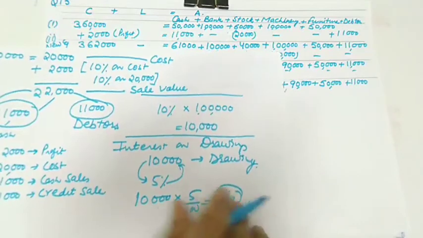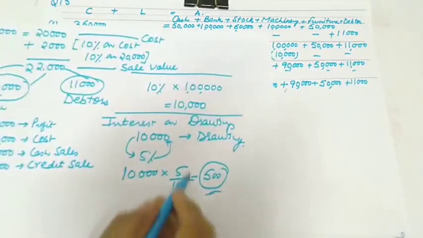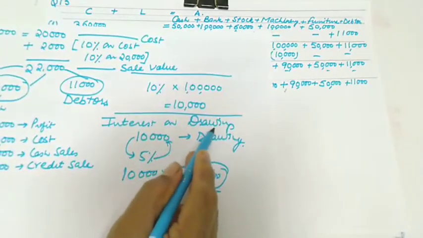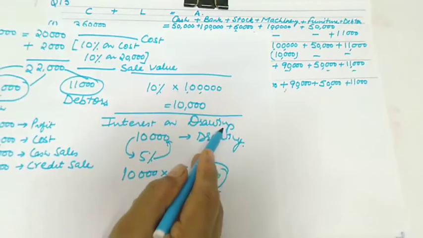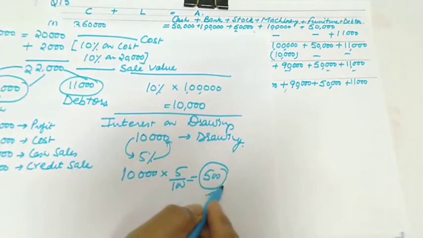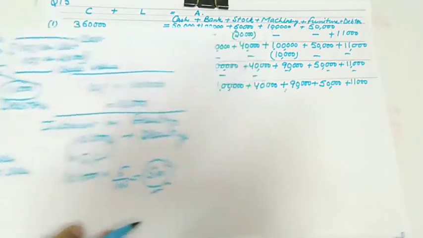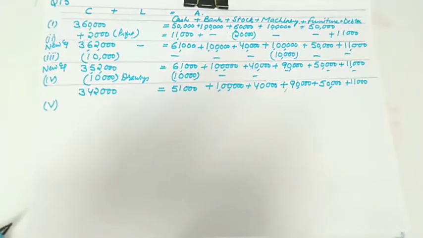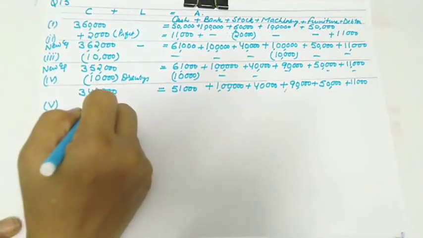It will be 500. And I told you how to treat interest on drawing or interest on capital. It will be added in the capital because it's an income to the firm, but it will be deducted from the capital because we will be taking this from the owner's capital. So it will be treated twice in the capital.